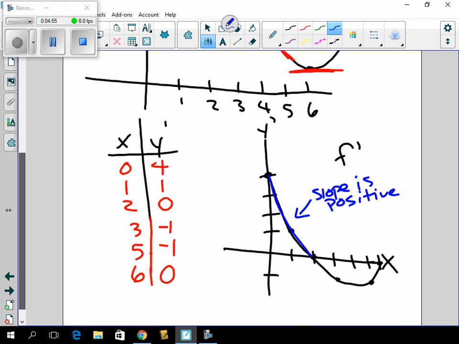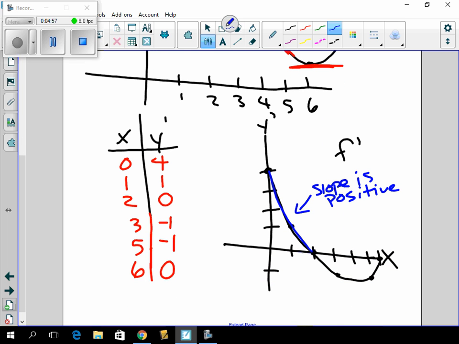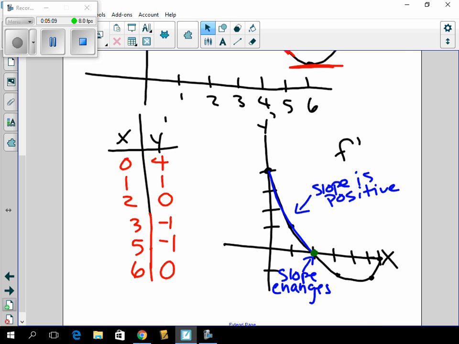So my slope is positive, and then at 2, my slope changes. My slope changes from positive to negative at this point right here. Then from about 2 on, I have a negative slope.